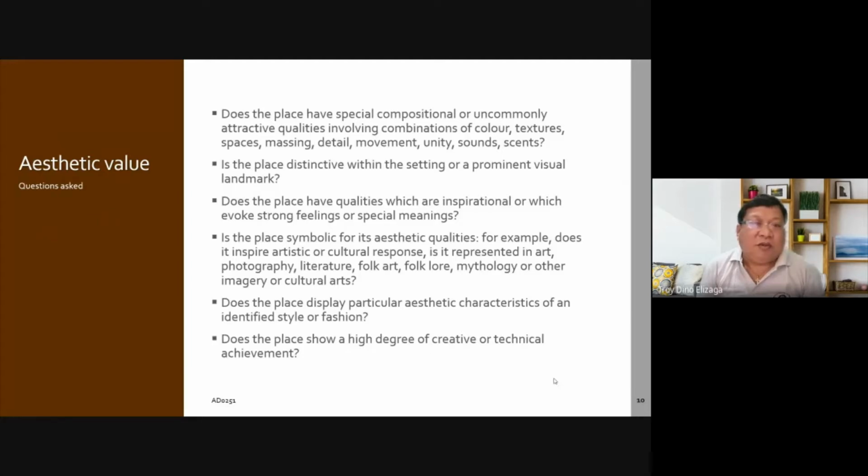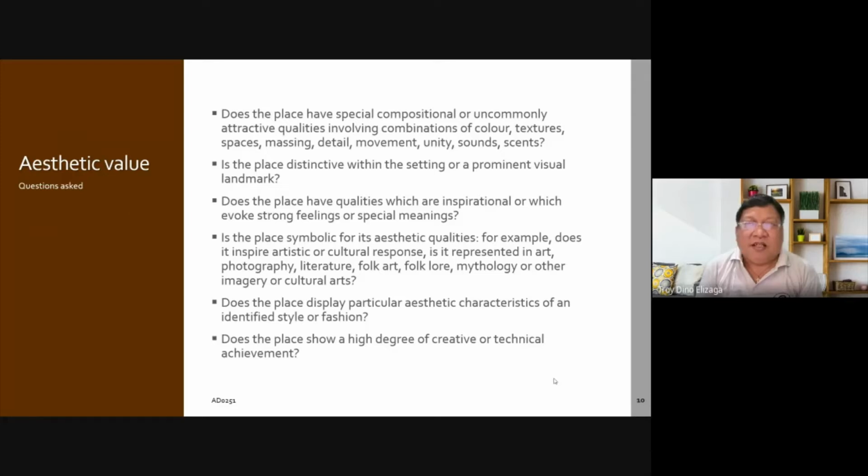Okay, so the questions asked when we try to assess the aesthetic values are the following. Does the place have special compositional or uncommonly attractive qualities involving a combination of color, texture, spaces, massing, detail, movement, unity, sound, and sense?